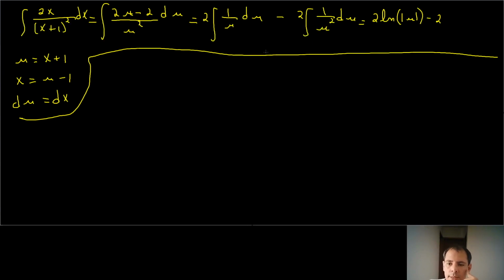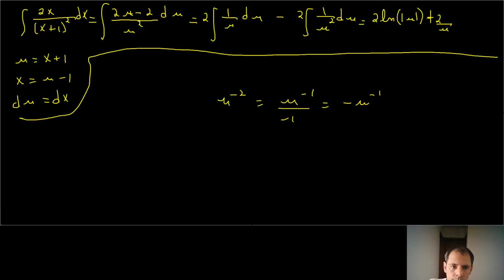Well, this is going to be the same thing: u to the minus 2, integrating that's going to be u to the minus 1 divided by minus 1. So this is going to be minus u to the minus 1. But we already have a minus here, so this minus becomes a plus, right? And u to the minus 1, well, I'm just going to put it 2 over u.